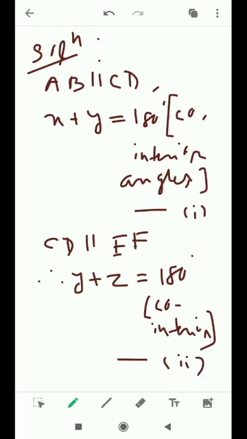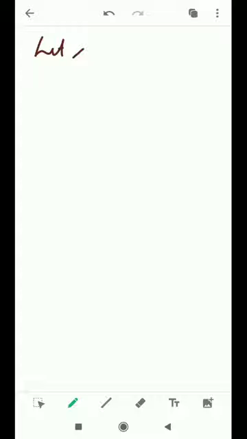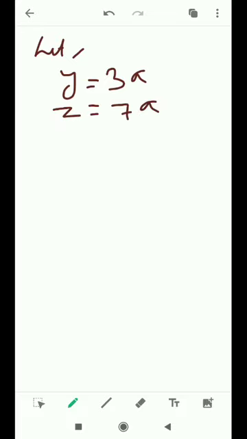So we can suppose the angles. Next we will suppose let Y is equal to 3a and Z is equal to 7a. I am not taking x because x angle is already there, so 3x and 7x I am not taking. So therefore Y plus Z was already 180.